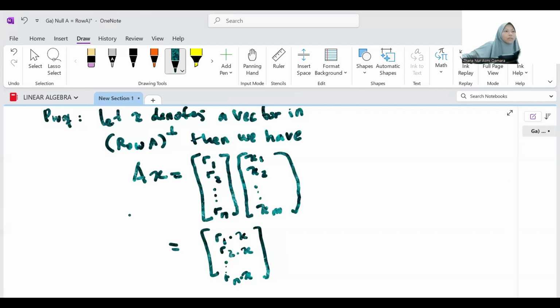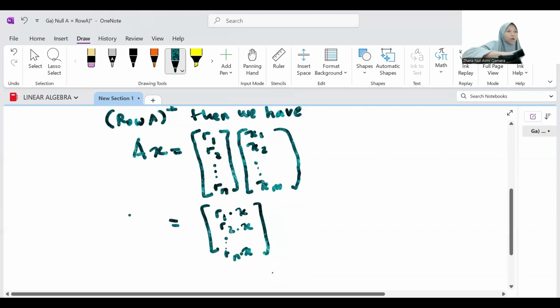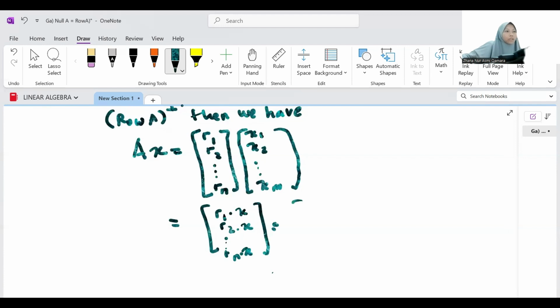And because this vector x is in the orthogonal complement to the row space of A, that means x will be orthogonal with each row of matrix A, and that's why R1 dot x will be 0, R2 dot x will also be 0, and so on until Rn dot x will be 0.